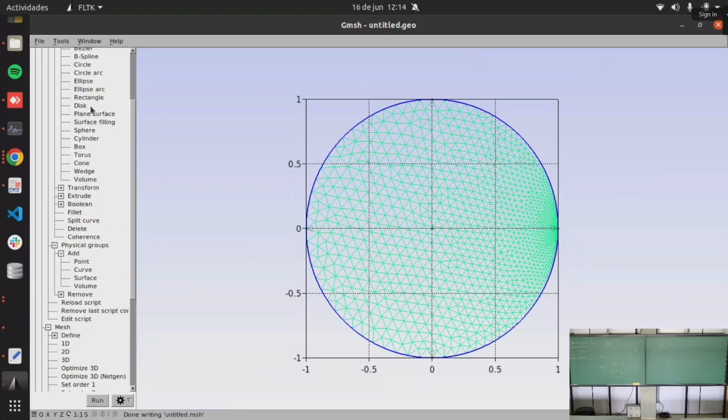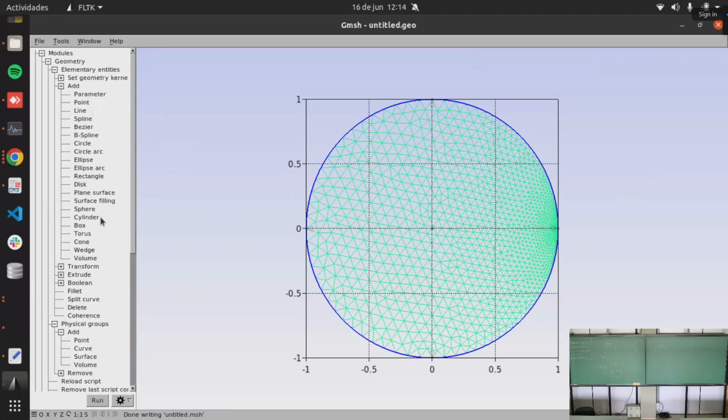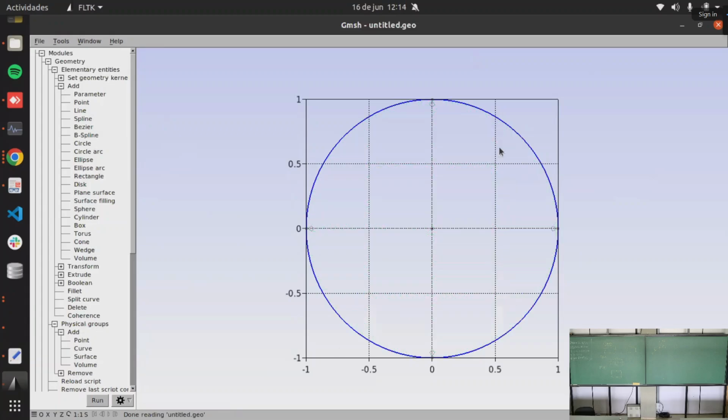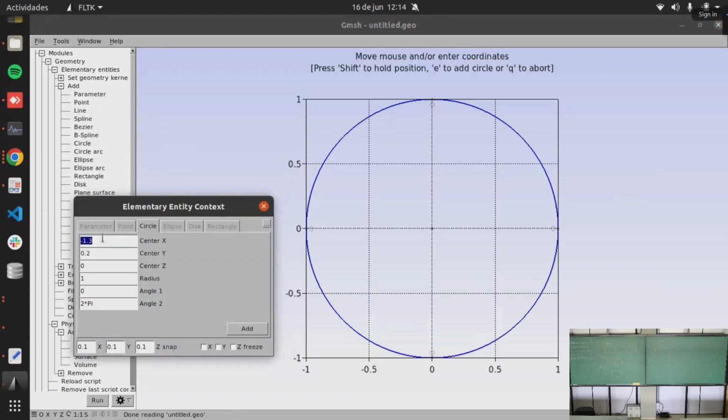But if I want to maybe, okay, reload the script. Maybe I want to create a bigger circle, and I don't want to do it point by point. So I want to do it like this. Maybe the center of the circle will be, and the radius will be maybe 2. Add.